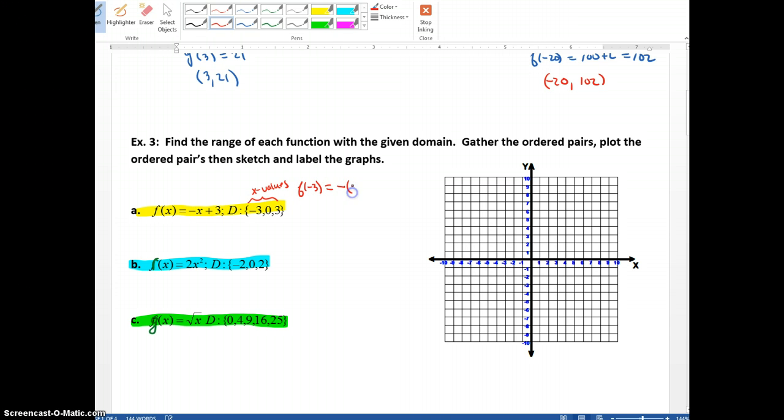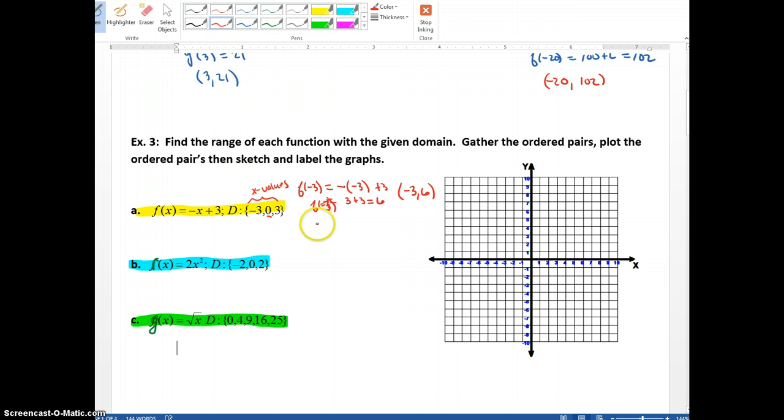So we get negative of negative 3, plus 3. Well, the opposite of negative 3 is 3, and 3 plus 3 is 6. So f of negative 3 is equal to 6. So we can gather an ordered pair here, negative 3, comma 6.